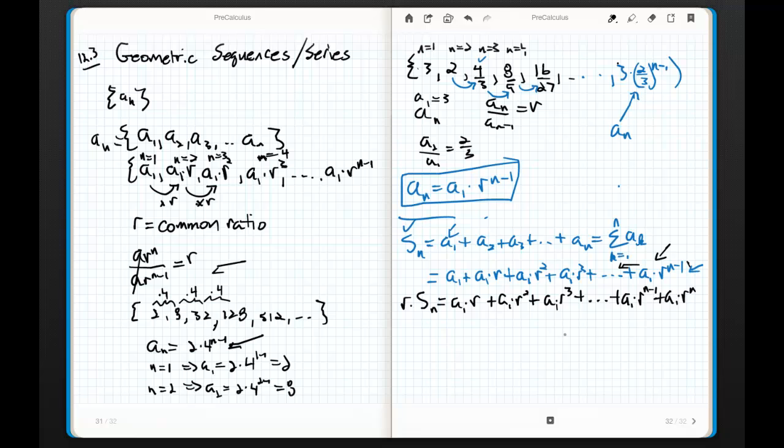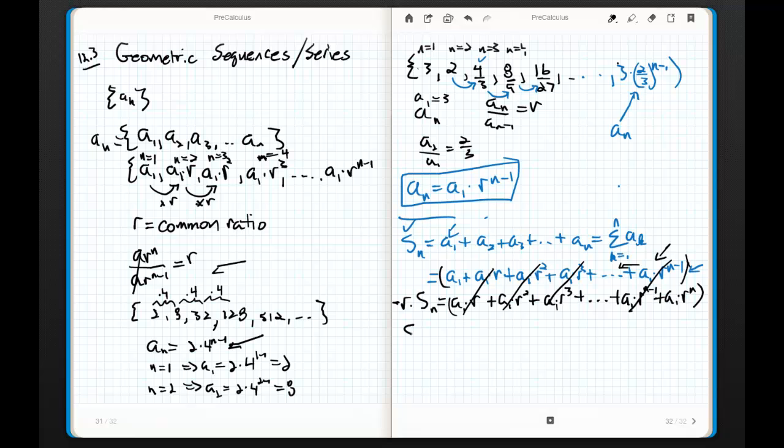All right, now here's where it gets fun. Look close. If I take this guy minus this guy right here, so I'm subtracting all of these terms from these terms, what do you notice happens? Those go away, those go away, those go away, and all of the terms in between go away.